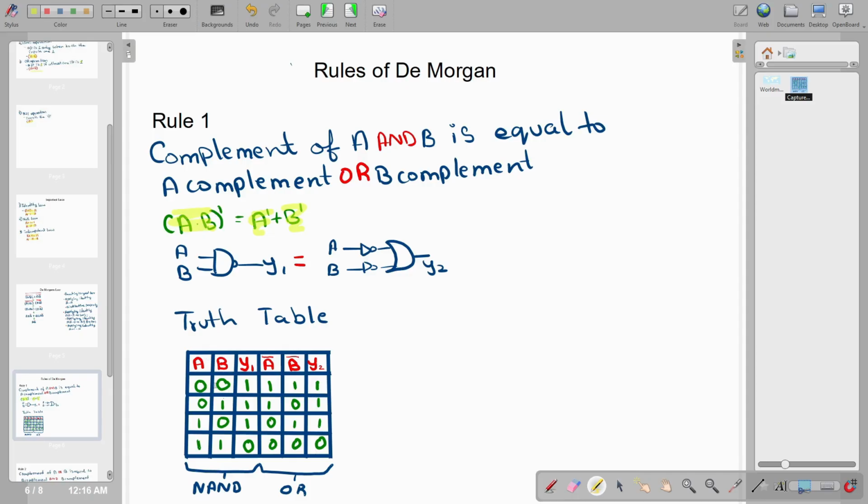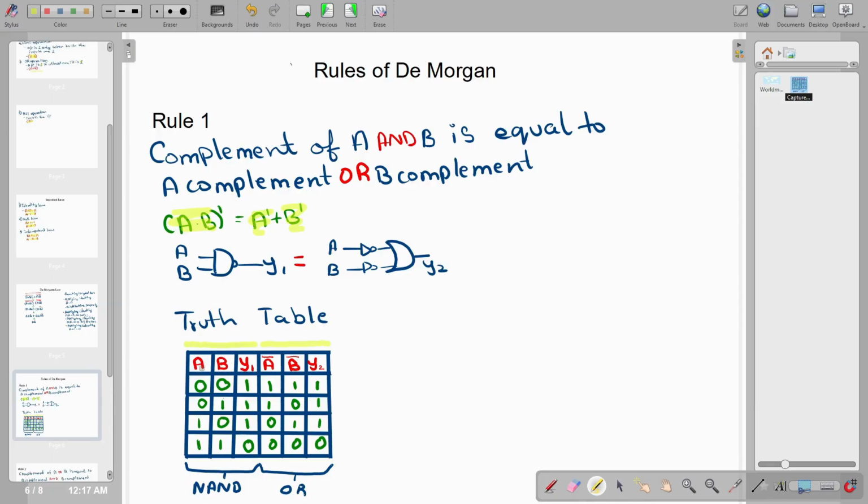Coming to the truth table, the first part of the truth table with output Y denotes the NAND gate. The second part denotes the OR gate. In the NAND gate part, we know the NAND gate's output remains 1 if any one input is 0.